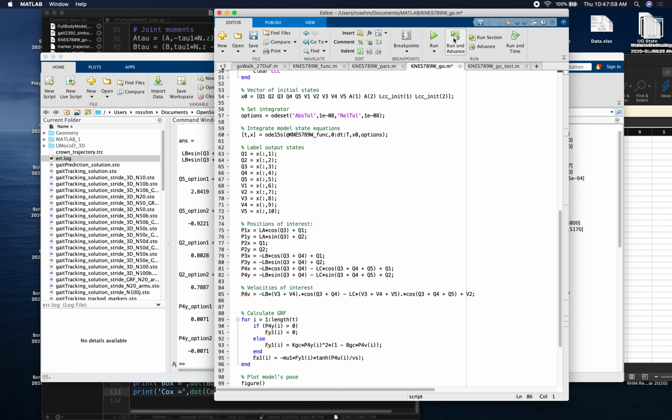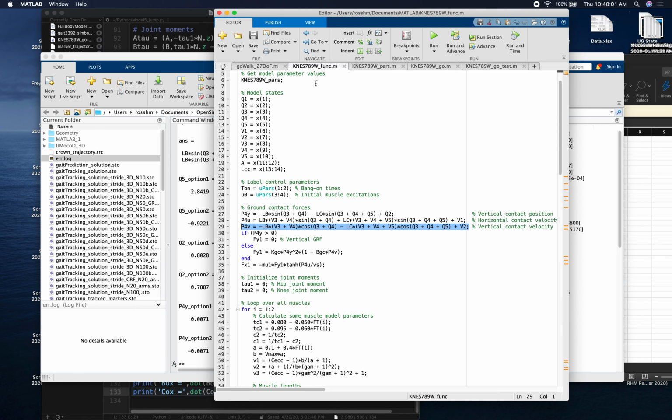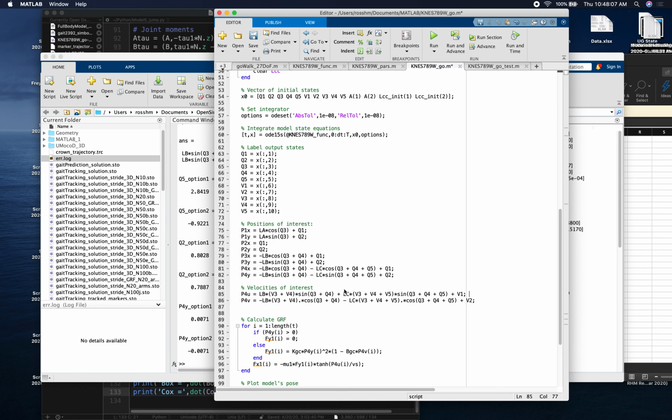Oops, wrong one. That is vertical. I want horizontal. Okay, and let's run this for just a short time here and see what we get.